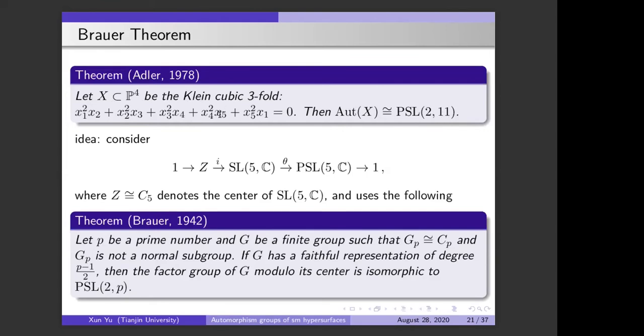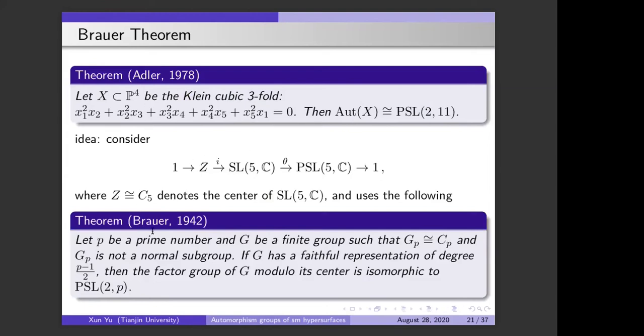And actually, this has some history. As you can see, the name of the Klein cubic comes from the action of PSL(2,11) on this one. Adler showed that actually this is the full automorphism group.